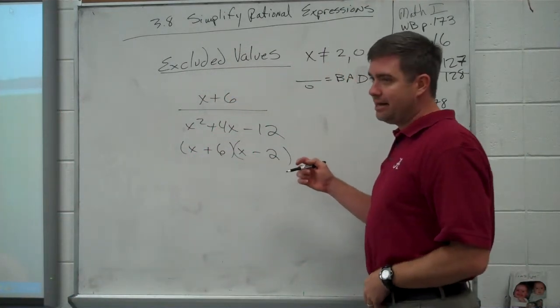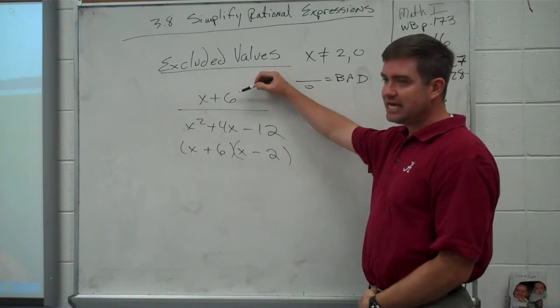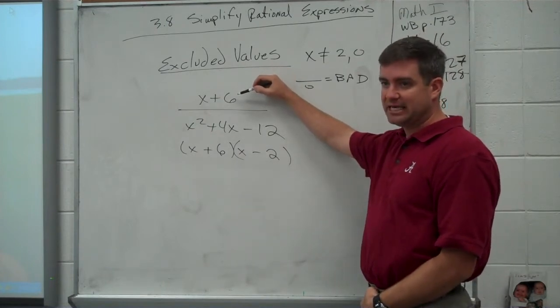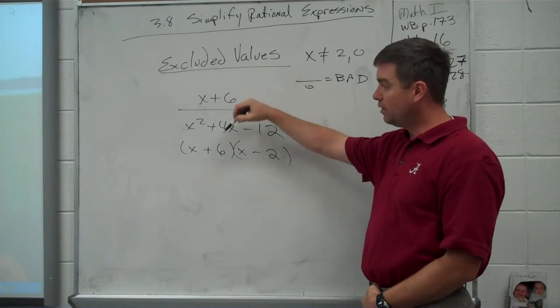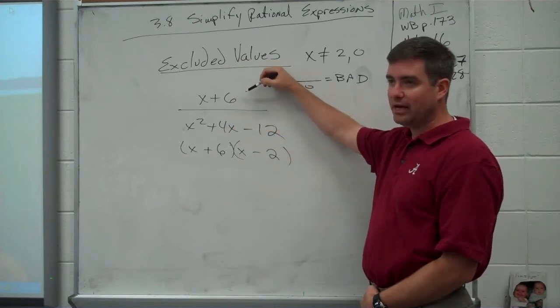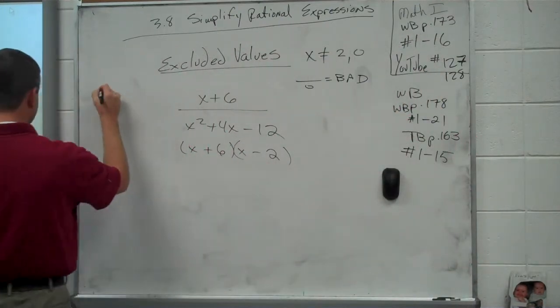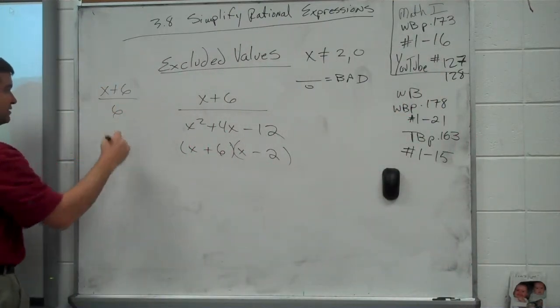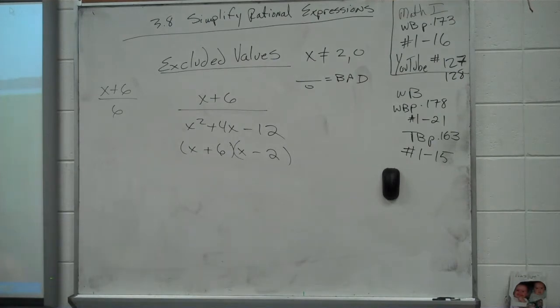It boils down to knowing that the only thing in the universe that x plus 6 cancels with is another x plus 6. This is the first example that I might give you: x plus 6 over 6. Everybody wants to cancel those 6's. Write this down and say you cannot cancel here. Nothing cancels.